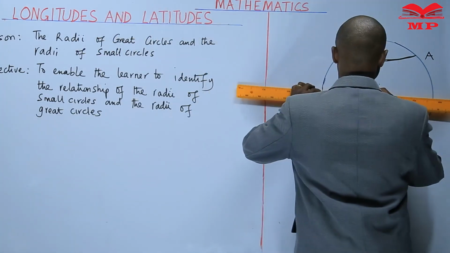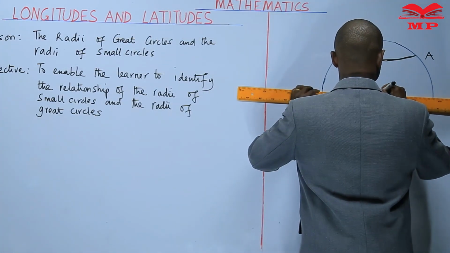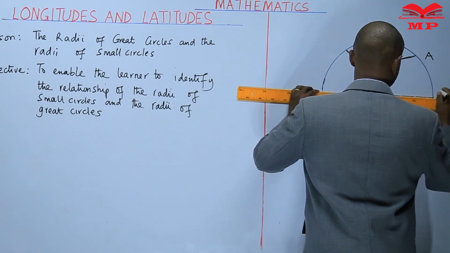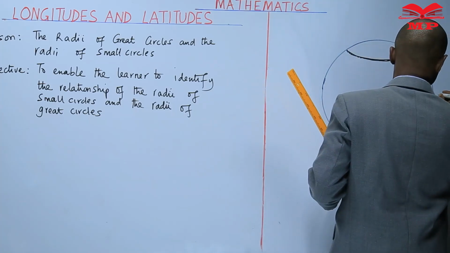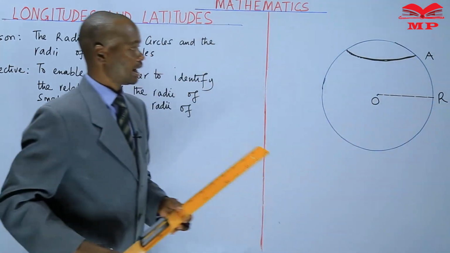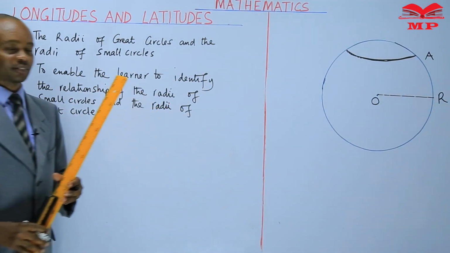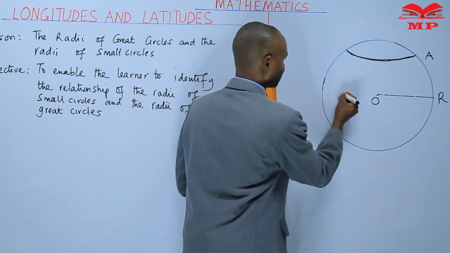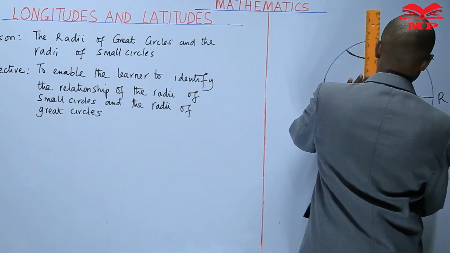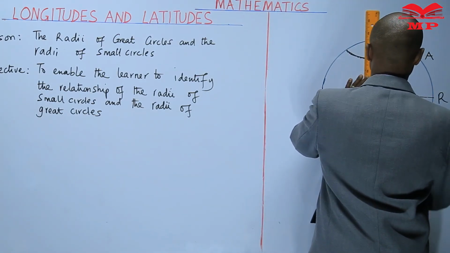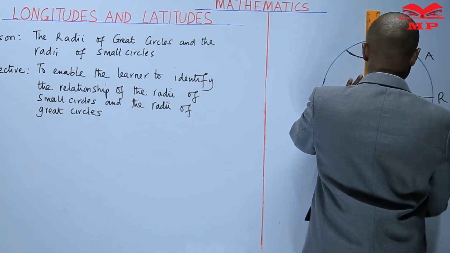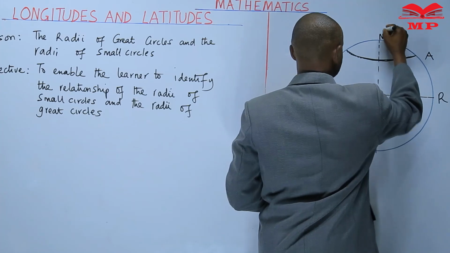If I draw a straight line here and I call that R, learner, you realize that OR will be the radius of the Earth, and it will be appearing on the equator. I can also draw a straight line from the North Pole to the South Pole.